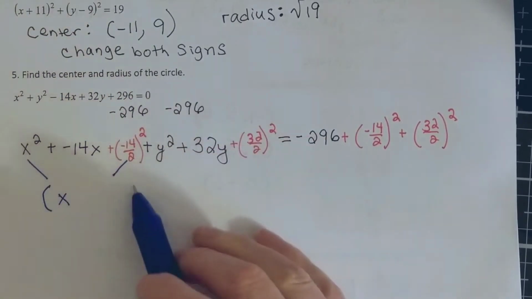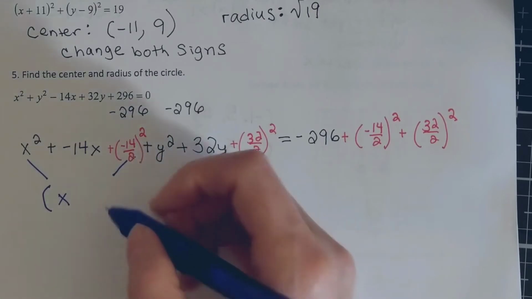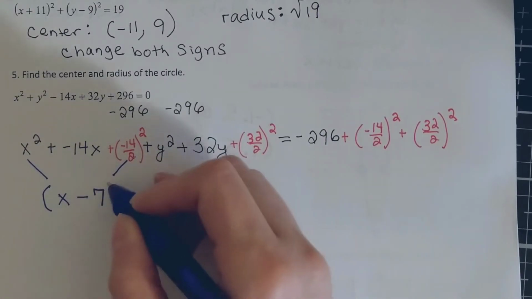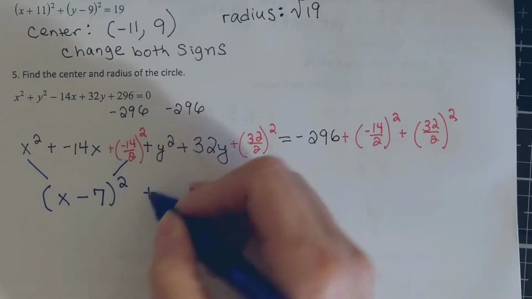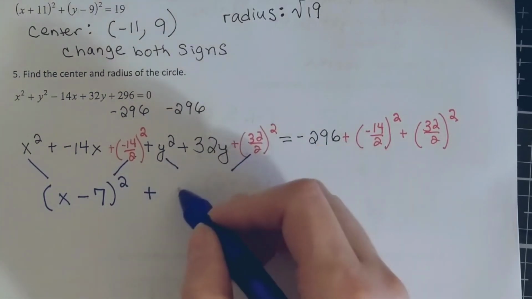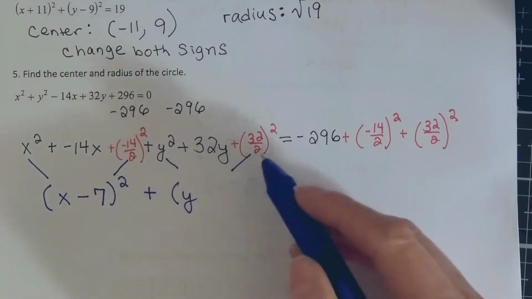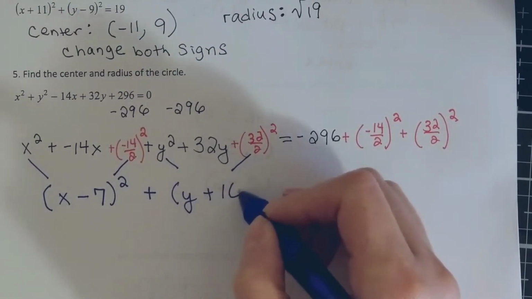But you want to ask yourself, what is negative 14 divided by 2? Well, the answer to that would be 7. And then I'm going to take the y and the 32 divided by 2 and put those together. So 32 divided by 2 would be 16.